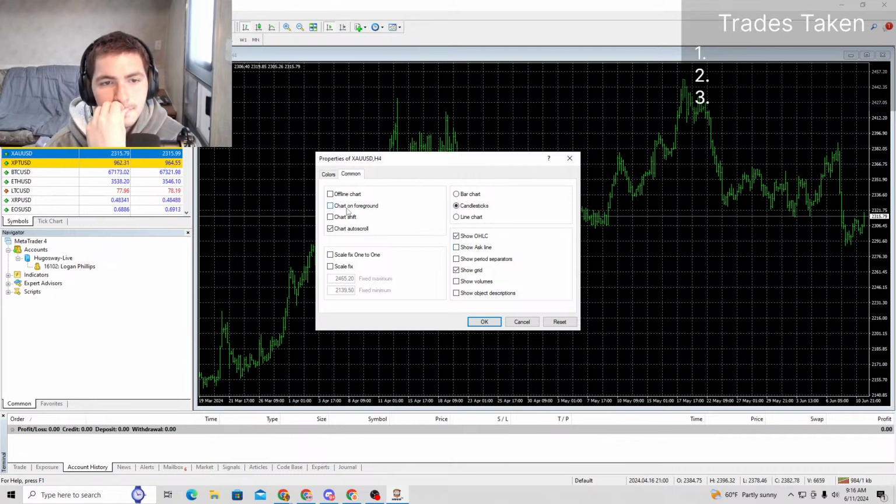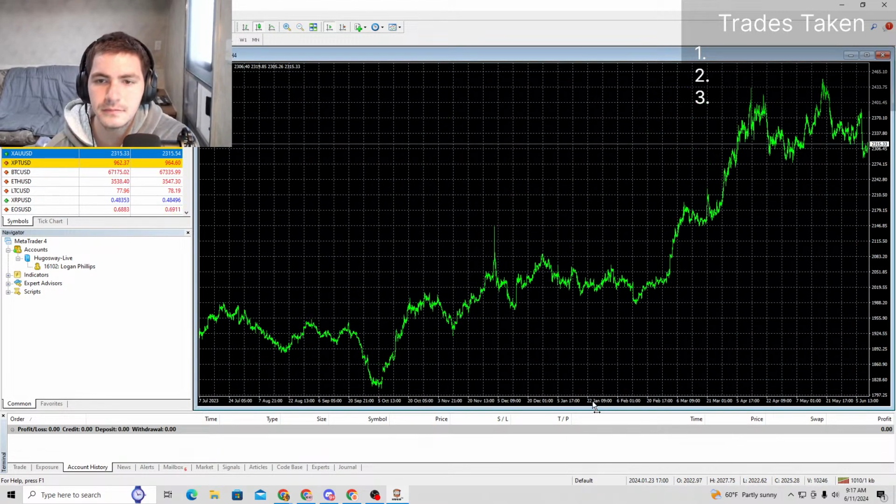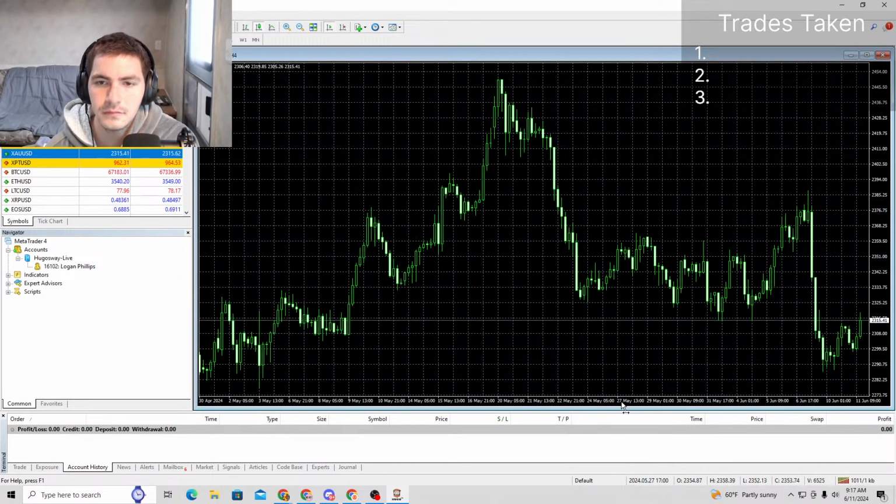Candlesticks. What are you doing? Adjusting my chart.